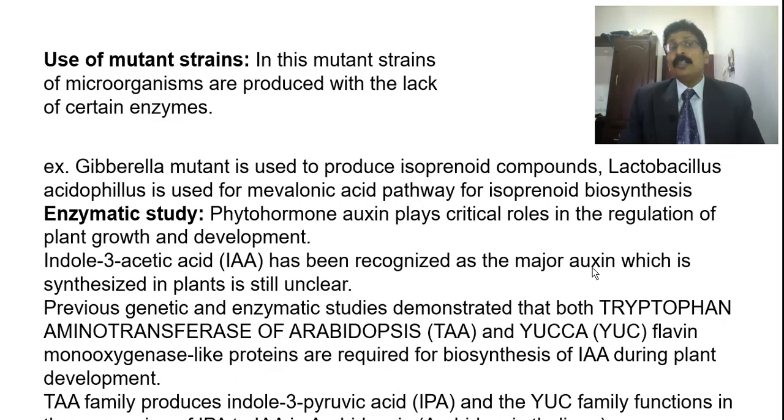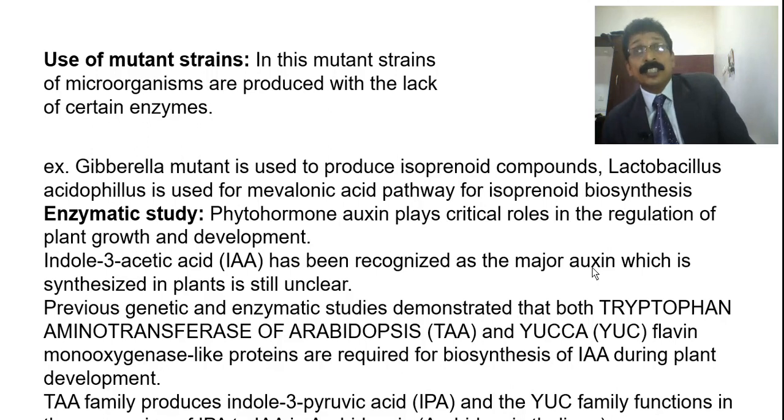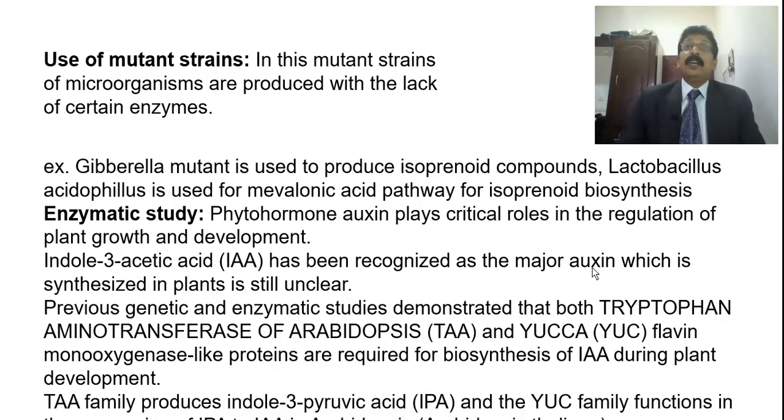And use of mutant strains. In this, mutant strains of microorganism are produced with a lack of certain enzymes. So you can see an example, that is Gibberella mutant. Gibberella mutant is one of the mutants which produces gibberellins, which are growth hormones, which we studied, which was identified in Tokyo, in Japan.